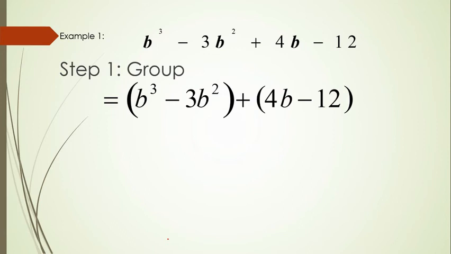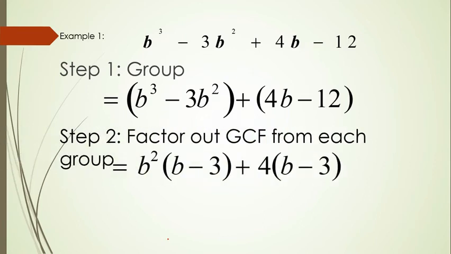What is going to be the GCF for b cubed minus 3b squared? That's right, it is going to be b squared. Notice that the GCF for 4b minus 12 is 4. Please notice that in the parentheses we have the same factor, b minus 3.